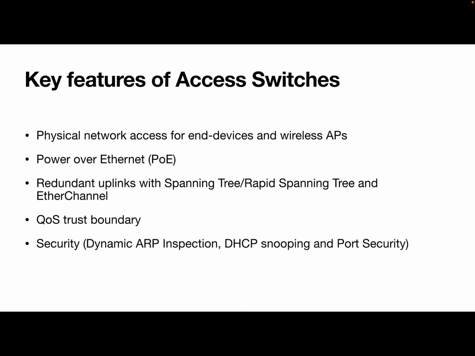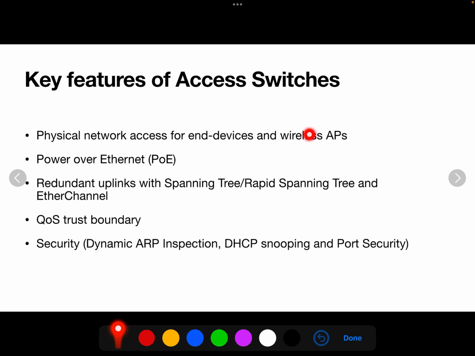So with access switches, one of the main jobs is providing physical network access for end devices, so PCs, laptops, voice over IP phones, and wireless access points. Then power over Ethernet is an important job, because switches have evolved from just providing access to our end devices to also providing power.